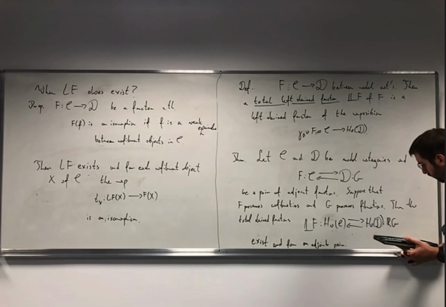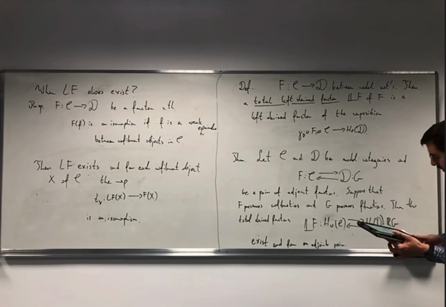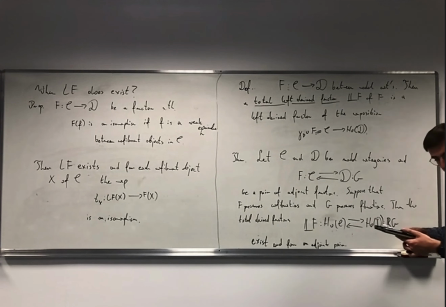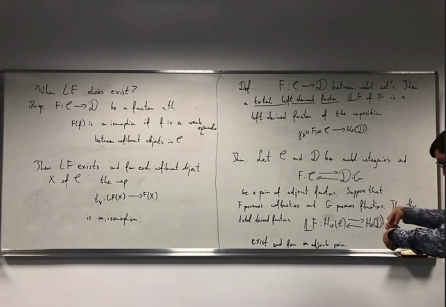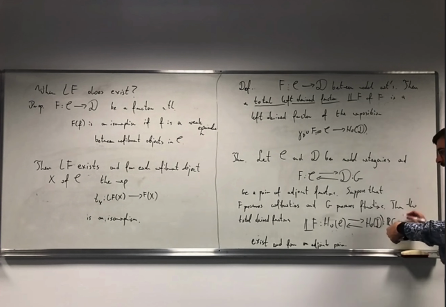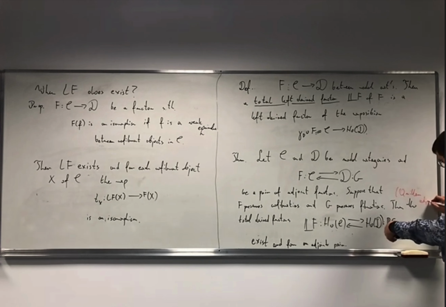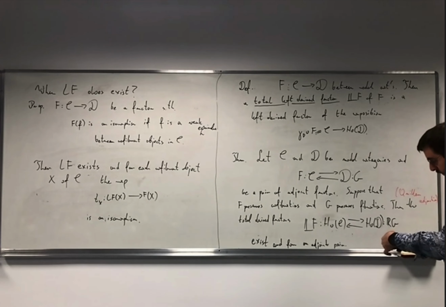So if we have a situation like this, then we will call this adjoint pair of two functors a Quillen adjunction.